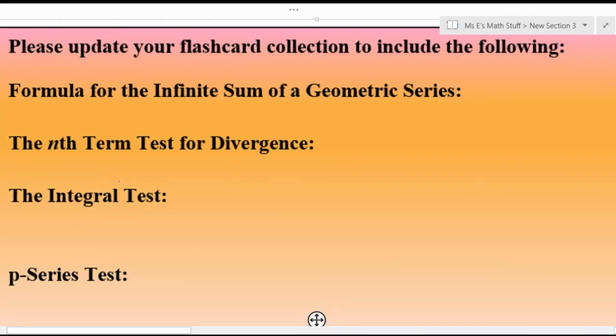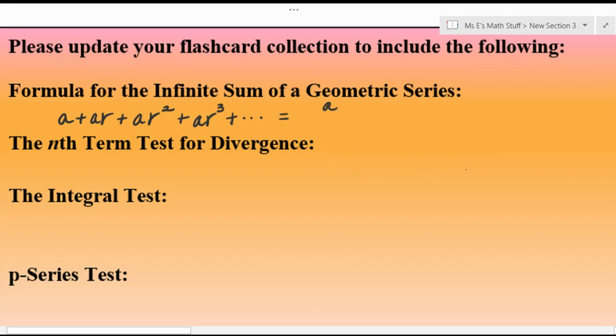So if you have a first term plus a first term times a common ratio plus a first term times a common ratio squared plus a first term times a common ratio cubed, etc., forever and ever, it turns out that you could get the answer for all of those terms by taking the first term and dividing by 1 minus the common ratio. But that's only true if your common ratio is between what two numbers? That's right, -1 and 1, not including those numbers, okay?